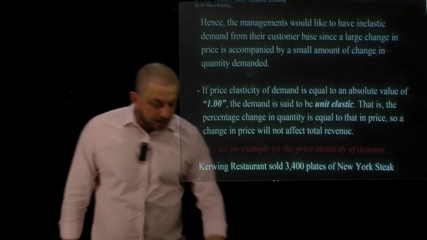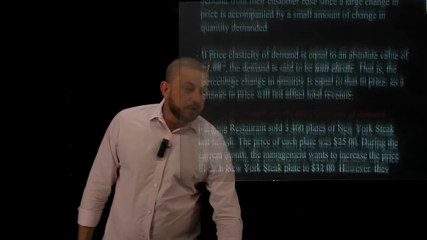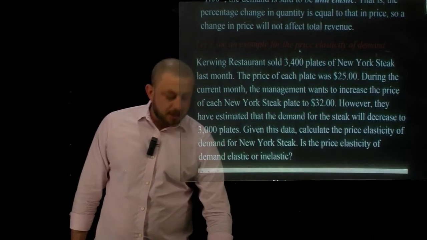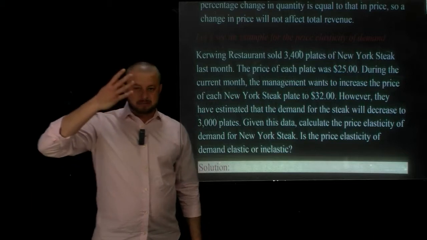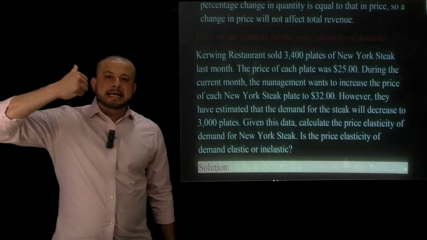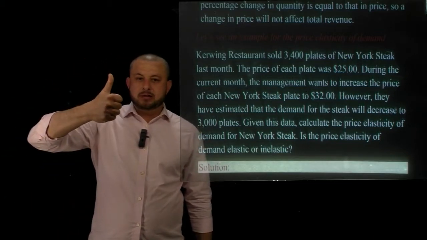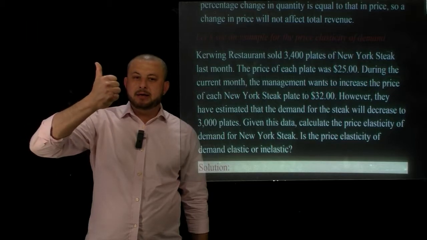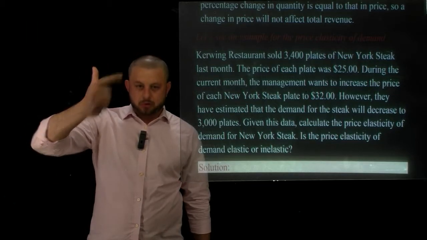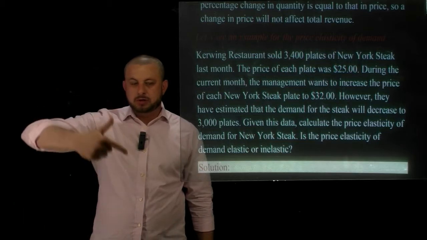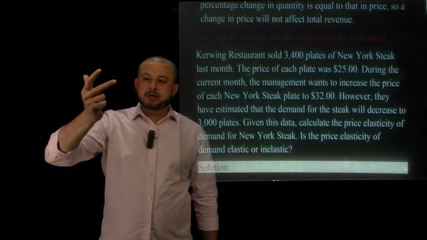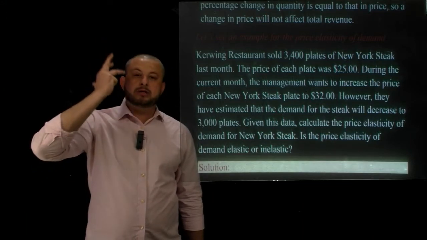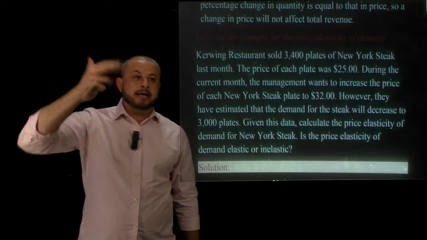Okay, we're going to talk about the Curving Restaurant example right here. Let me just read the question, okay? And then we can understand the question, and then we will solve the question. Remember, we talked about 4 steps. Analyze or understand what we are solving for. Pick the right equation to do the solution. Analyze the components of the equation and then run the equation to find the final answer.